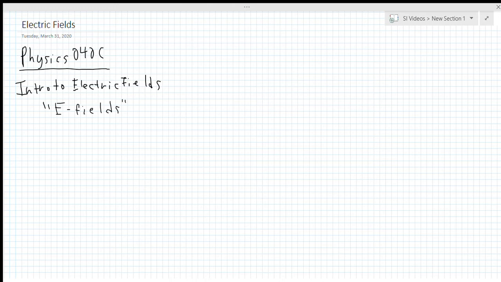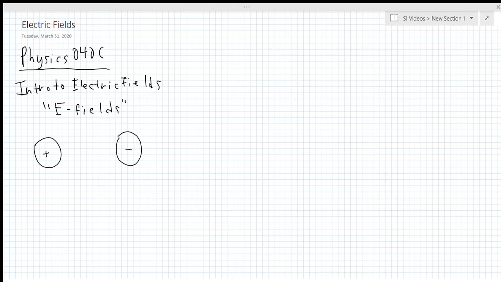You can't be talking about electric fields without talking about the two charged particles that we know to exist in the world. So there's going to be protons and electrons. I'm drawing them the same size here, but for relevance, the protons are typically much larger than the electrons. That being said, they both carry the same charge.